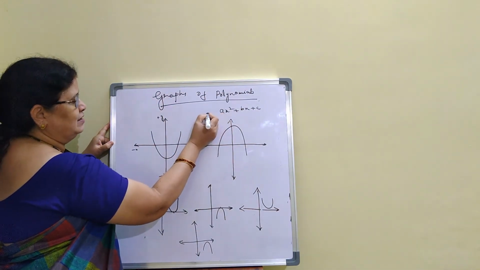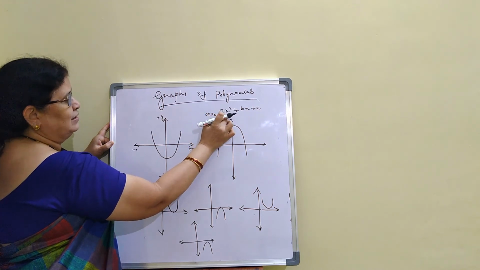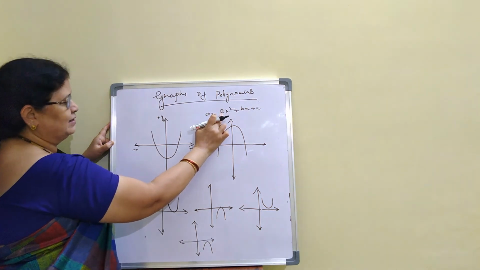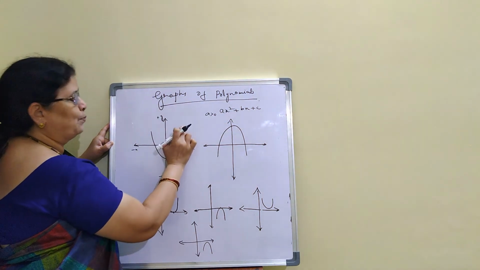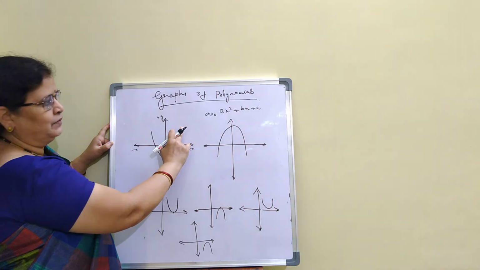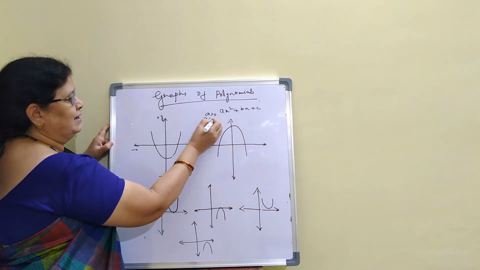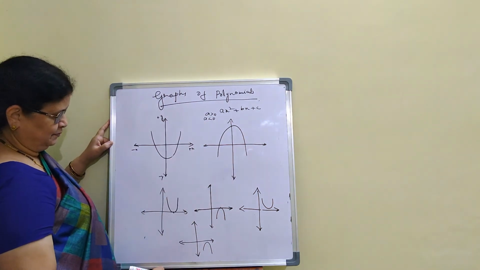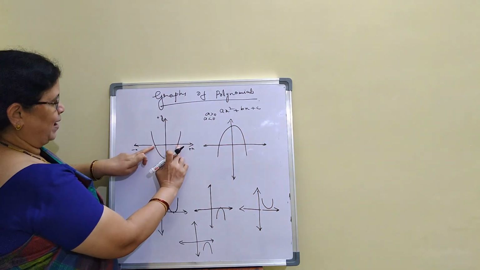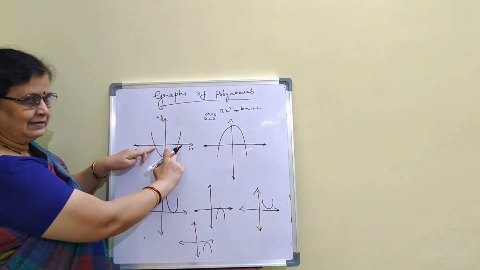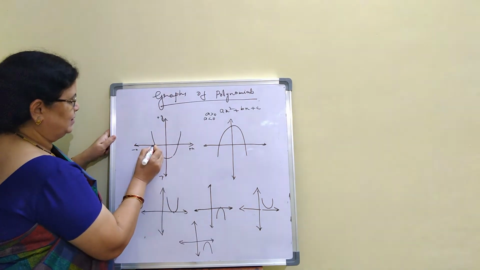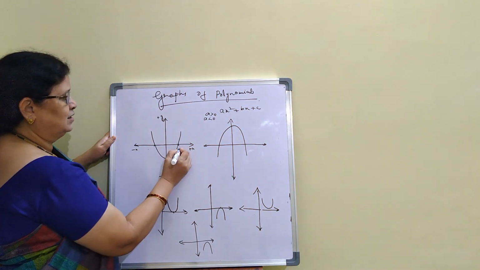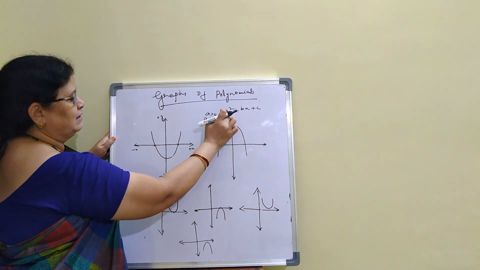Suppose a is greater than 0, the coefficient of x square. The parabola opens upwards. If a is less than 0, then the parabola opens downwards. Where the parabola cuts the x-axis at 2 points, the x coordinates of these points are the solutions of this equation.